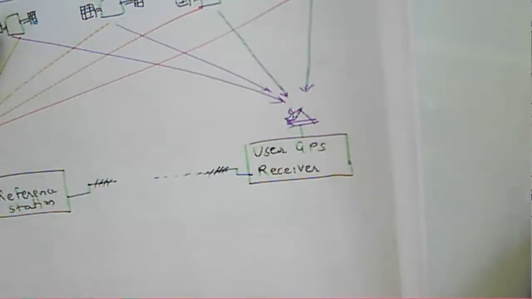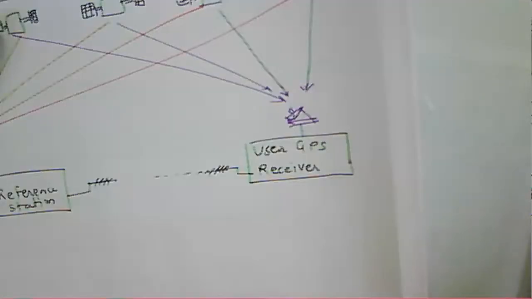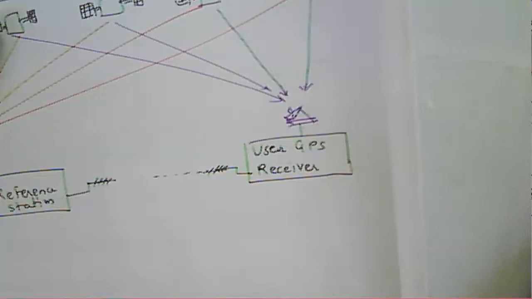The ground segment consists of a master control station, monitoring stations, and an uploading station. The monitoring station collects the ephemeris data, clock error, and other data for the satellite, and sends it to the master control station.